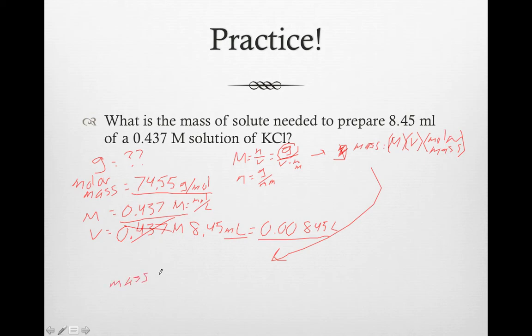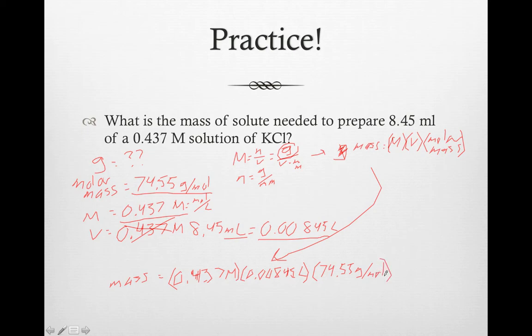My mass is equal to my molarity, 0.437 molar, times my volume, 0.00845 liters, times my molar mass, 74.55 grams per mole.